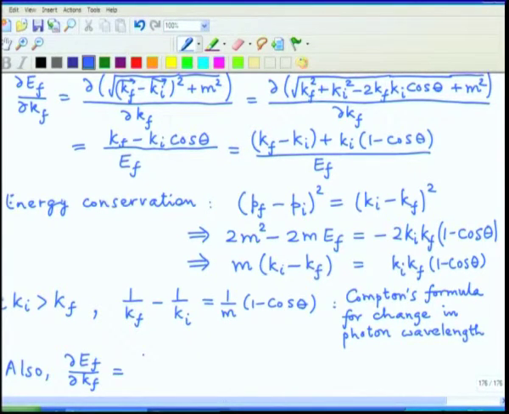So, it is plus k_i into 1 minus cosine theta, this object, divided by k_f, okay.